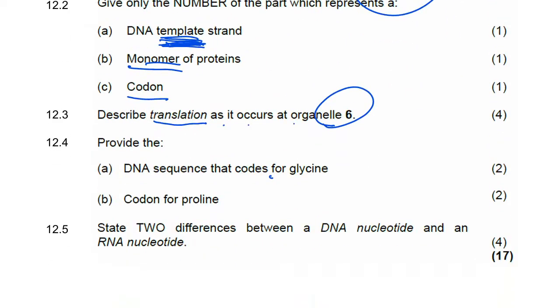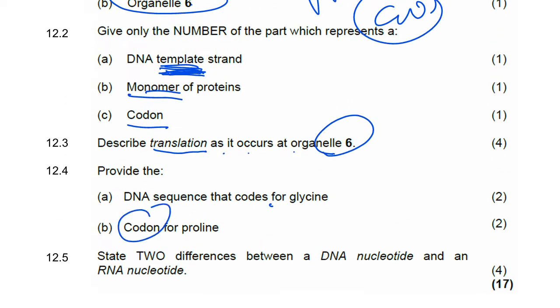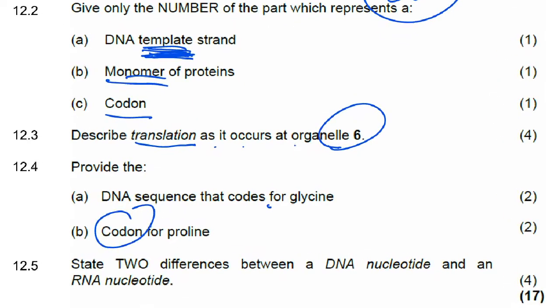They are saying that describe the sequence, okay, we've done that. The codon for proline. When they say codon for proline, what does it mean? They want the codon from mRNA. Yeah, we are looking for the codon for mRNA.